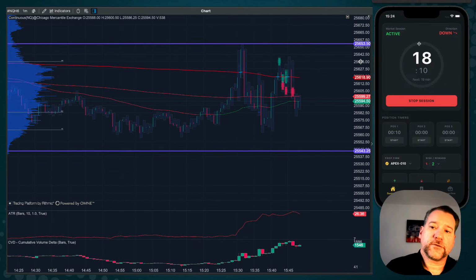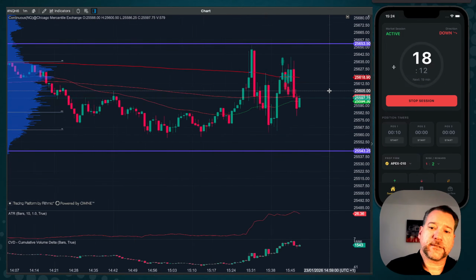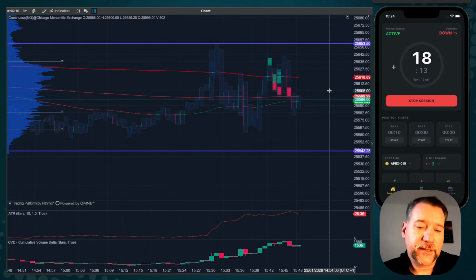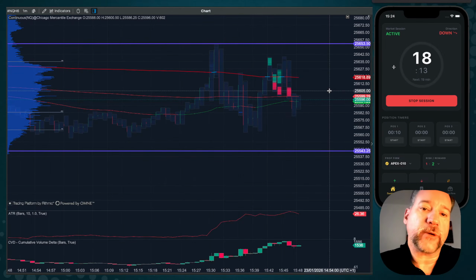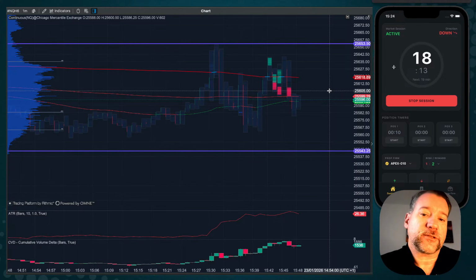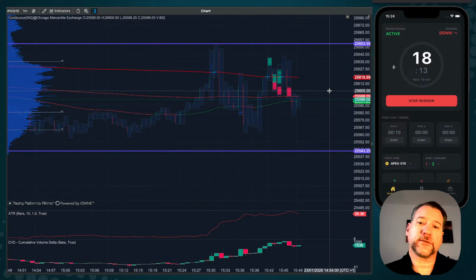Taking a short wouldn't be a bad idea in this particular case. But I'm taking my time, so I'm using the timers to hold me back before placing a trade when I'm not 100% sure. If I'm not sure, I'm not going to take this trade.